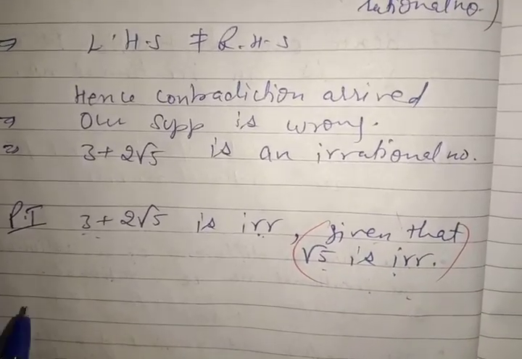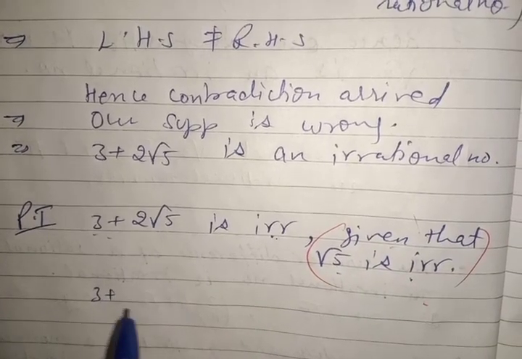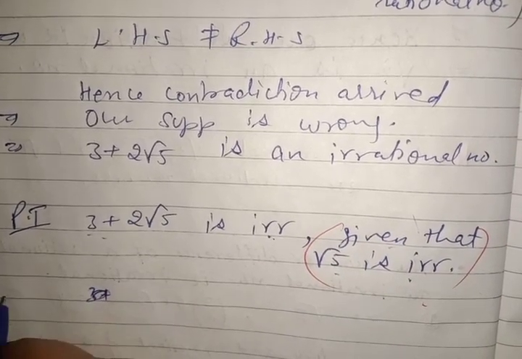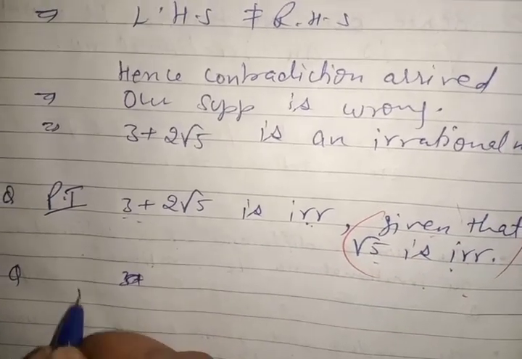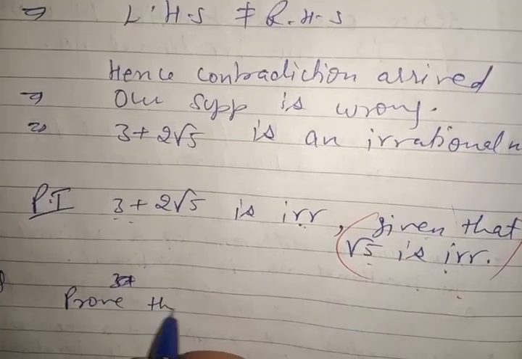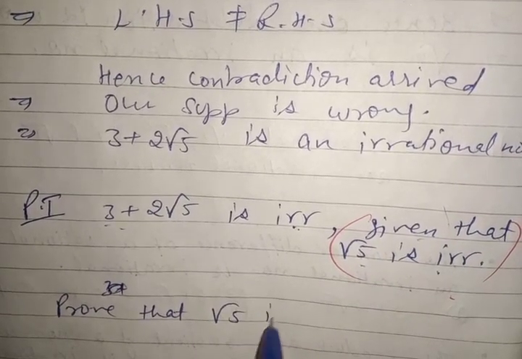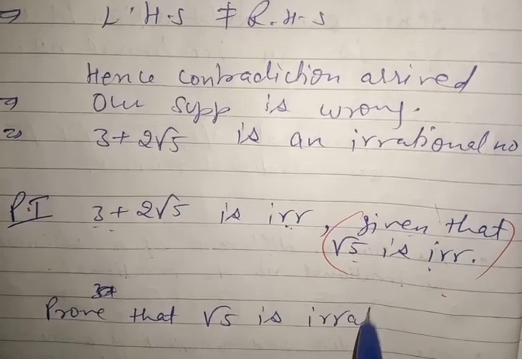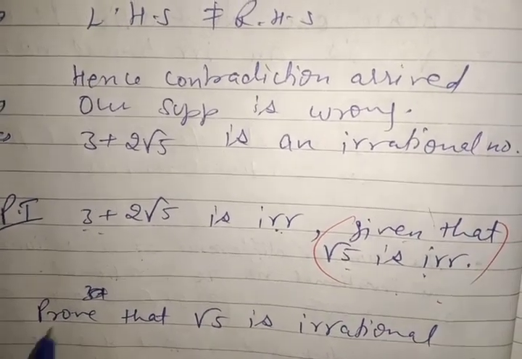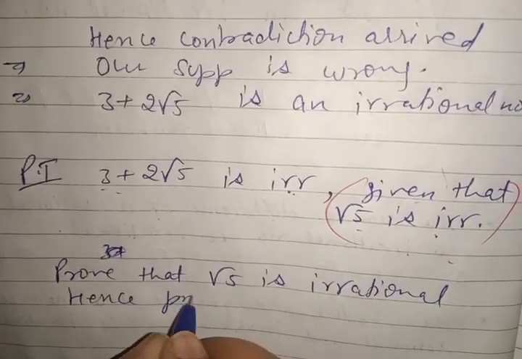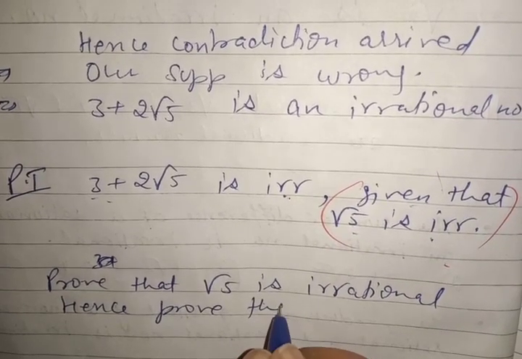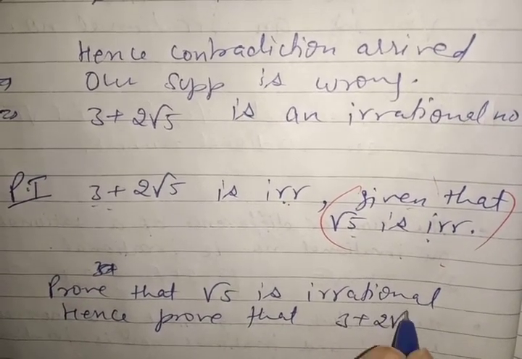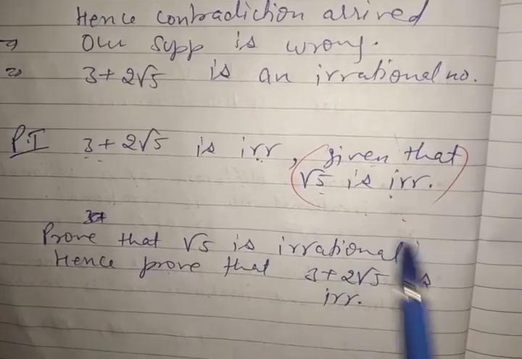If it is not written, suppose the question is of 4 marks. Then the question can be asked in this way also, same question: Prove that root 5 is irrational. Hence, prove that 3 plus 2 root 5 is irrational. Then this question will be of 4 marks.